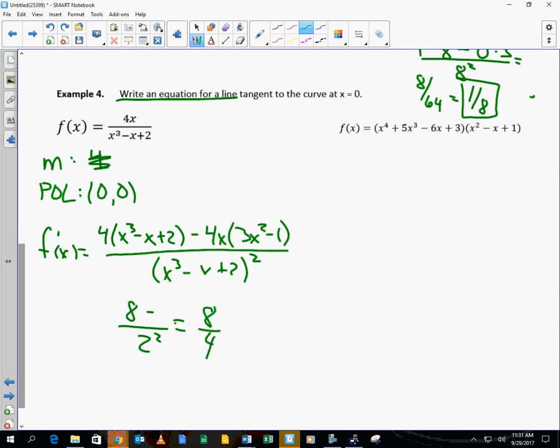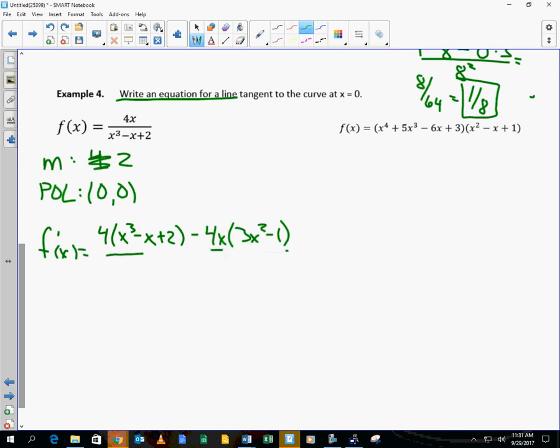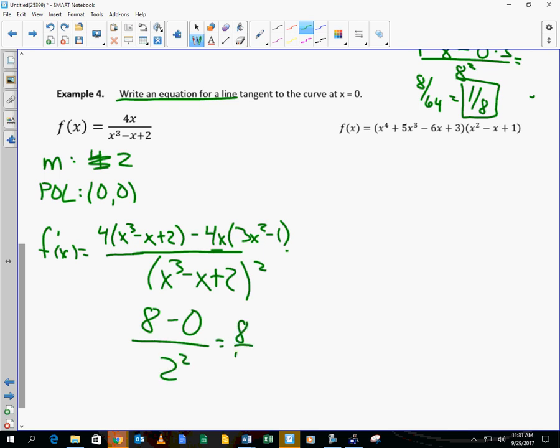Sorry about that. Forgot to square the bottom. I got excited about my teaching point. So plug in the top, we get 8 minus 0 over 2 squared, or 8 over 4, which is 2. So therefore, the equation for the line is y equals 2x. Done. No big deal, right?